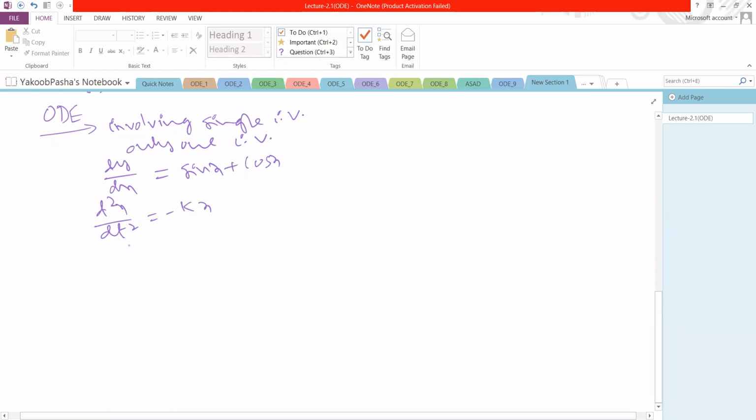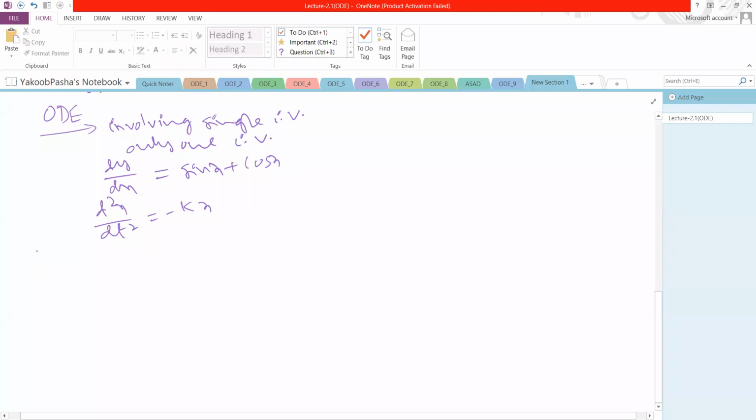Here t is the single independent variable. These two are examples of ordinary differential equations. Simply, a differential equation which involves a single independent variable, that is only one independent variable, such type of differential equations are called ordinary differential equations.